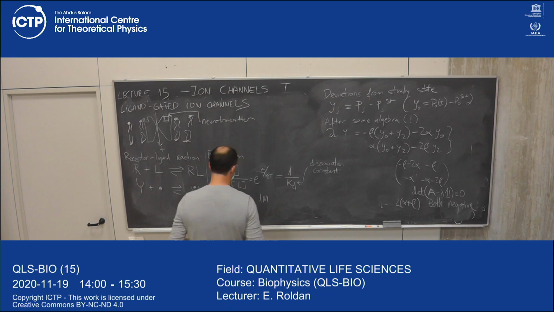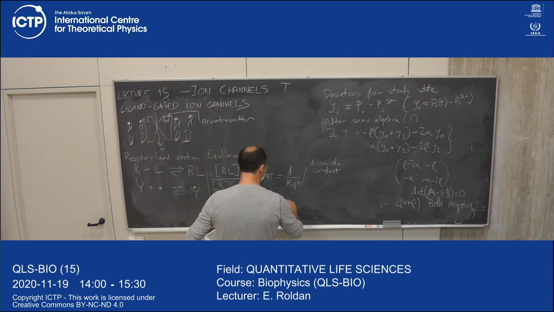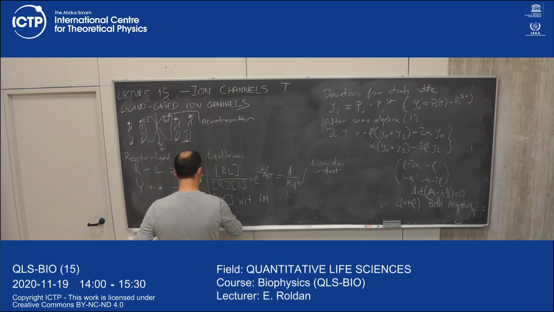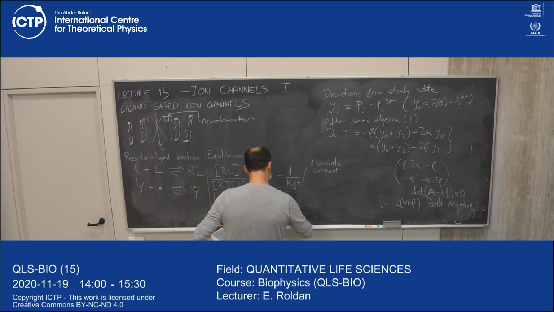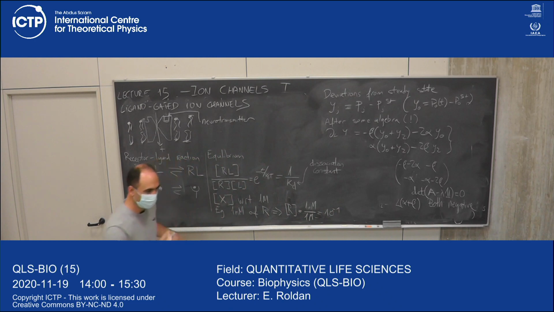So, for example, if we have 1 nanomolar of R, then here we write R is 1 nanomolar with respect to 1 molar, which is 10 to the minus 9. This is the way we interpret this equation.